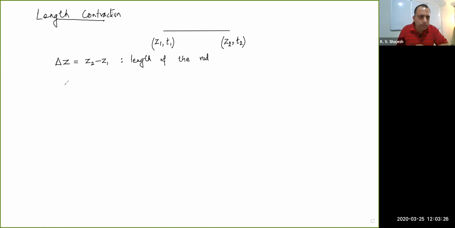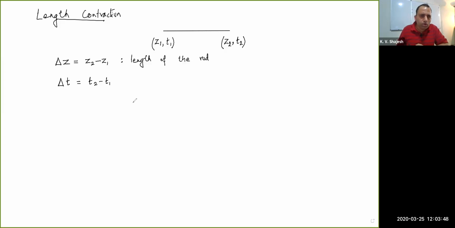That will be specified in the measurement of time. So measurement of time involves delta t, which is T2 minus T1. This could be anything. It could be zero, it could be non-zero. It depends on at what times the two measurements were made.